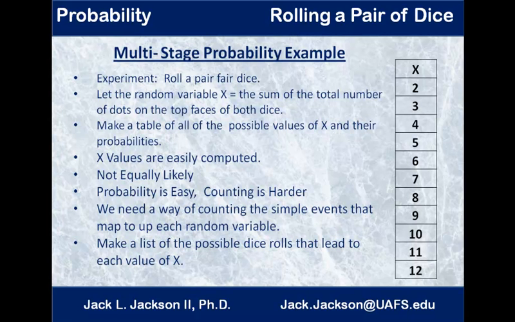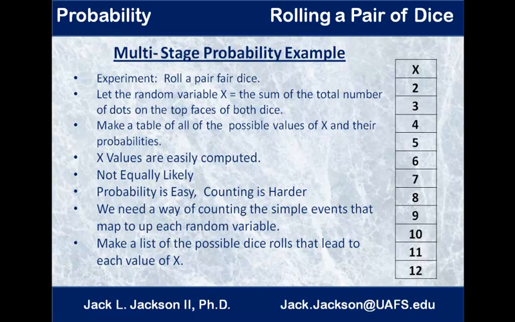Now, the probability concept is very simple. You just take the size of the event divided by the size of the sample space. What's hard in this case is counting. It turns out counting is not quite so easy. You may have thought counting was pretty easy back in your elementary school days, but as we're seeing in this course, there are some things that are a little bit harder to count.